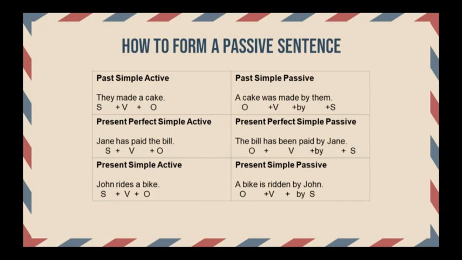And present simple active, we have the example, John rides a bike. John is the subject, rides is the verb, and a bike is the object. Then passive: a bike is the subject of this passive sentence, is ridden, it is the verb, and by John, so by subject.